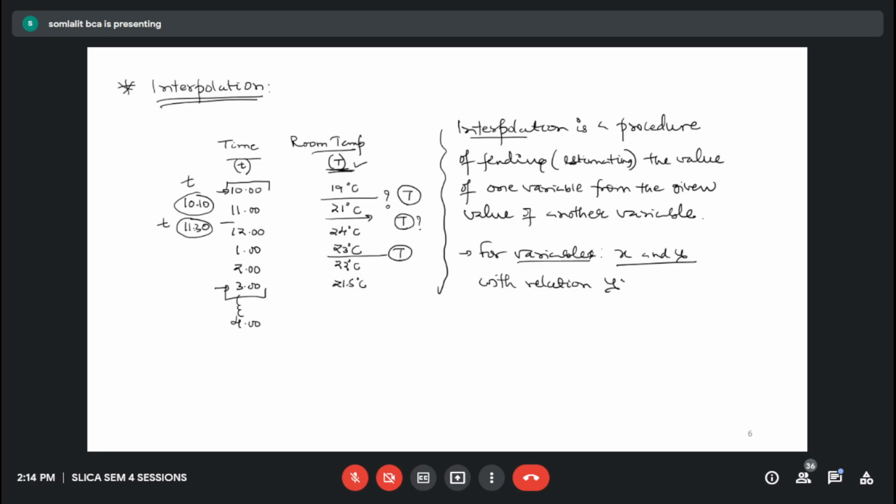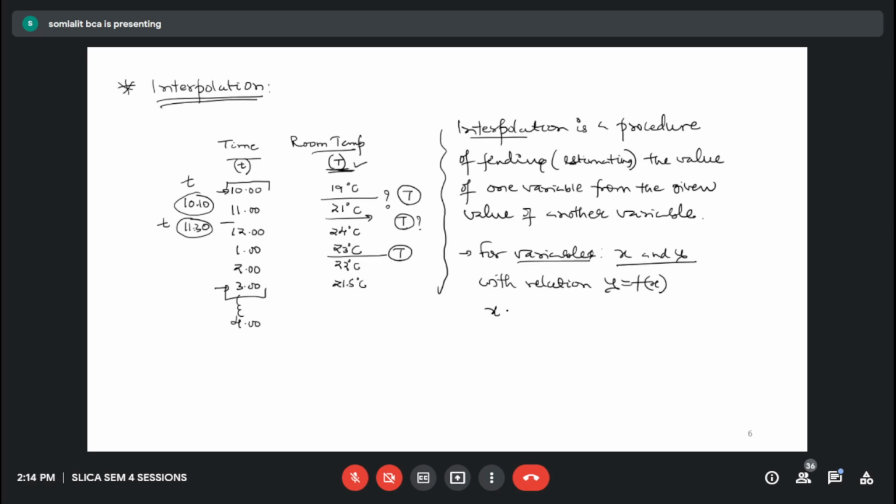That means if you have x, you can get the y. So these are the xi values, x1, x2, and so on. Say you have n points. For the other variable, this is called the dependent variable, and here it is the independent variable. y depends upon x here. Say the corresponding values are y1, y2 up to yn.